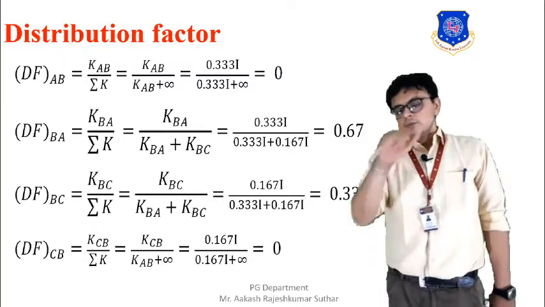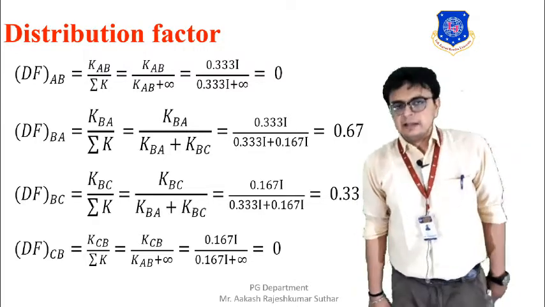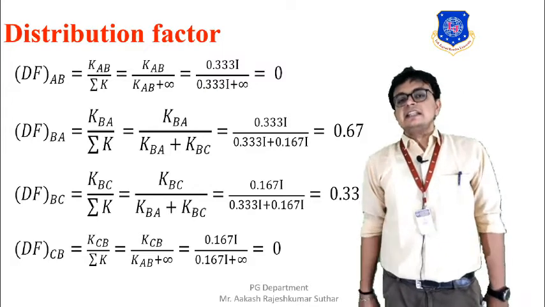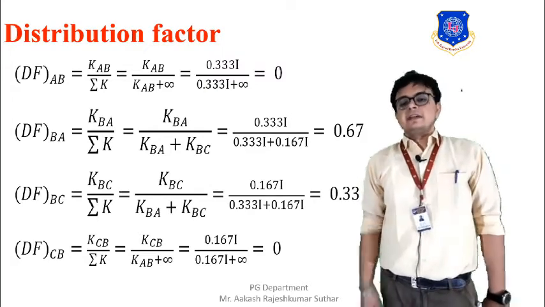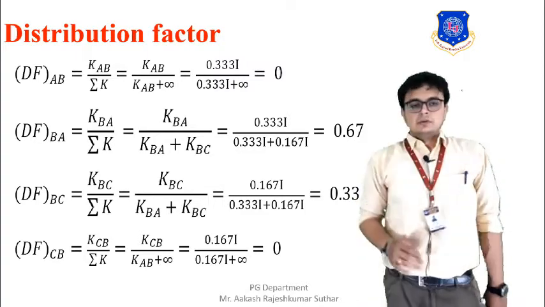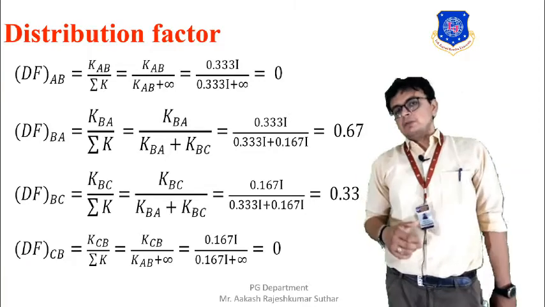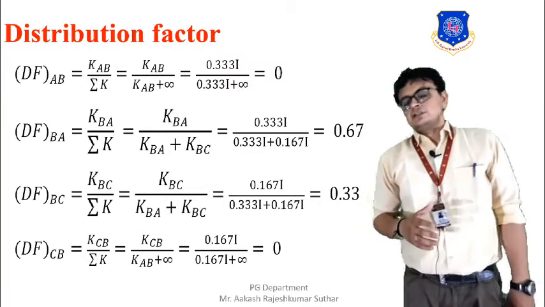So in the numerator we have 0.167I divided by 0.333I plus 0.167I, and that will be equal to 0.33. So for BA we have found 0.67 and the distribution factor for BC will be 0.33.